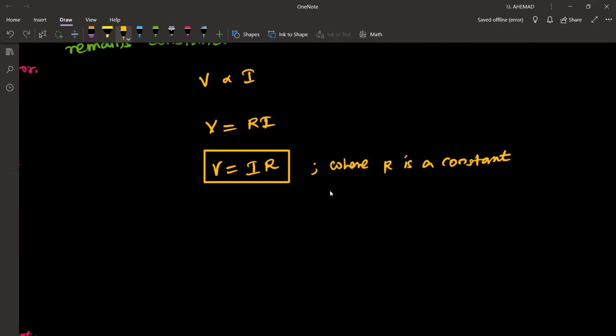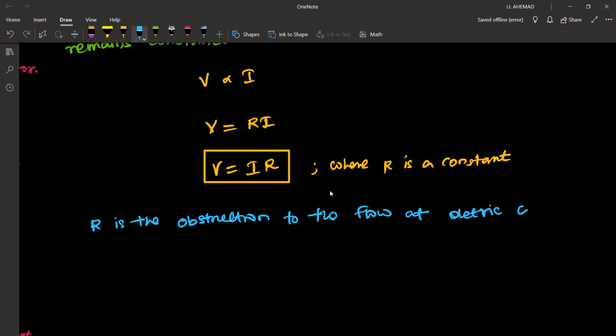R is the obstruction to the flow of electric current. This is known as resistance.